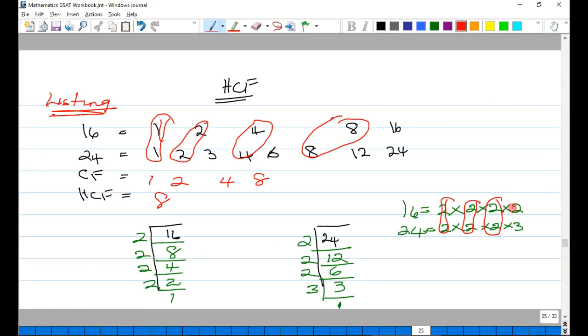Any more common here? No, sir. So let's list these: 2 times 2 times 2. Now, 2 2s will give us 4, and 4 times 2 would give us what? 8. So the highest common factor is equal to 8. The method I want you to use is prime factorization.